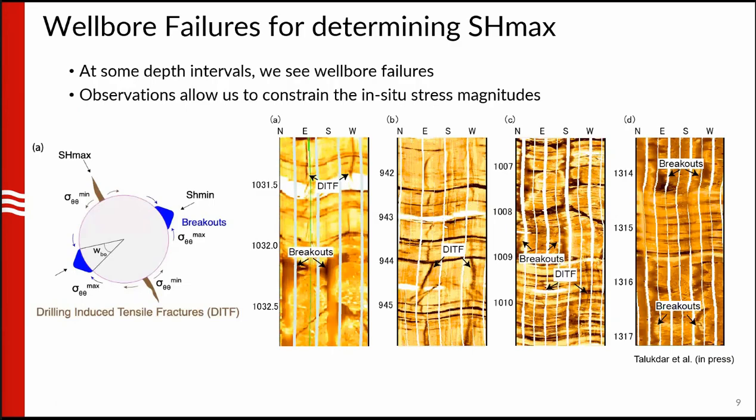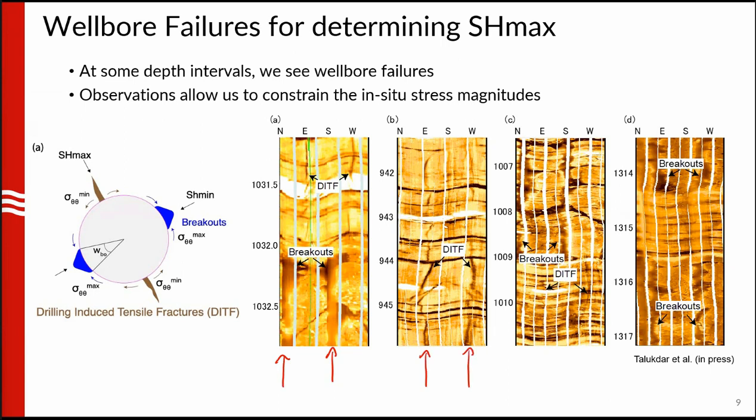So what are these wellbore failures? These are actually, as the word suggests, where the rock has failed. Initially you have this circular geometry because your drill bit rotates and you make a circular hole. But there are regions on the borehole wall where the rock collapsed due to the stresses that occur around the borehole. You can see on the right nice examples of this again. Breakouts appear as these fuzzy out-of-focus regions.